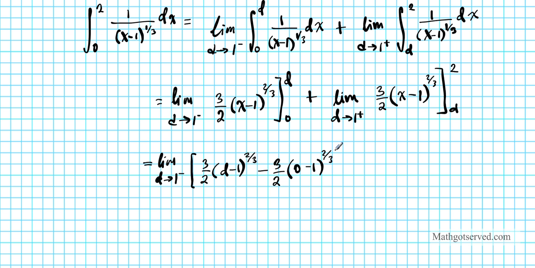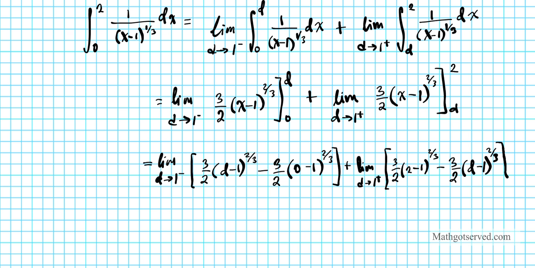Okay. All right, and then on the other side, plus the limit as d approaches 1 from the right of, plugging in the upper limit, 3 over 2 times 2 minus 1 to the 2/3, okay, minus 3 over 2, plugging in the lower limit of d minus 1 to the 2/3. Okay, so there you have it.